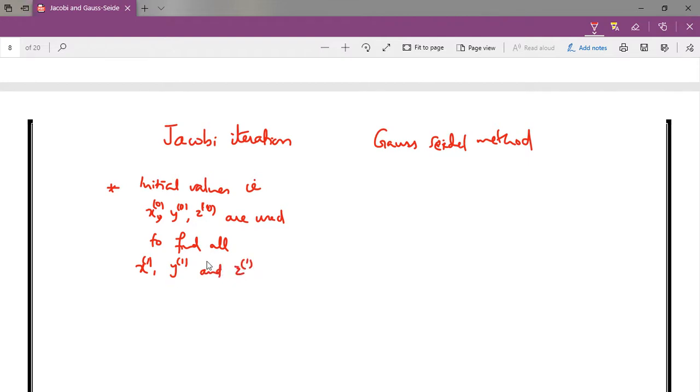That means to find all the first iteration x, y, z, we are going to use this initial value.